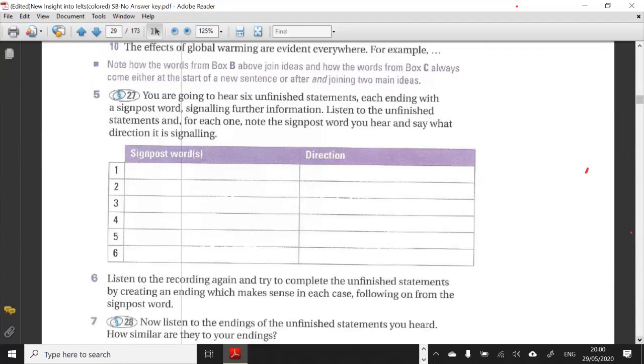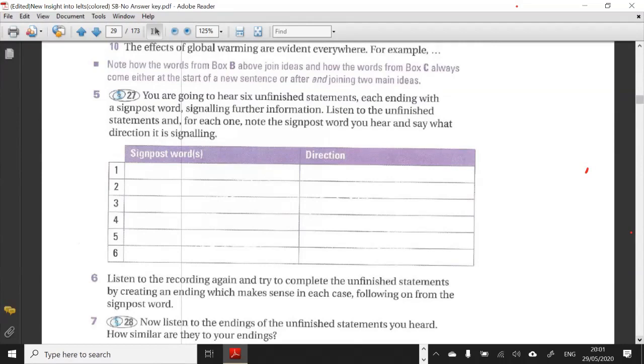You are going to hear 6 unfinished statements, each ending with a signpost word, signaling further information. Listen to the unfinished statements, and for each one, note the signpost word you hear and say what direction it is signaling. Now the first one, you have signpost word, and then you have direction.